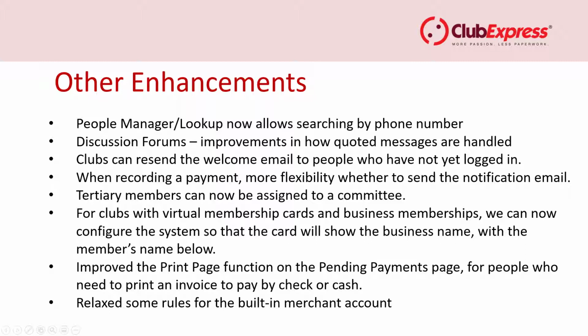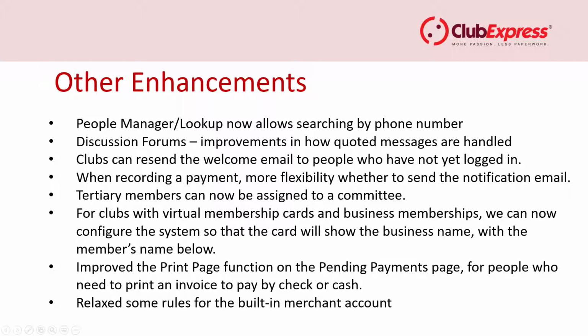Maybe the sponsoring membership gets 5 people who can be members of the club. And so you want the virtual membership card to have the name of the business and the member's name immediately underneath that. So we enhanced the virtual membership cards feature so that if it's a business membership, we can now have the name of the business and then the name of the member.